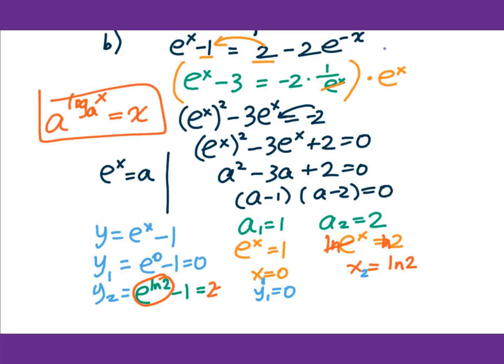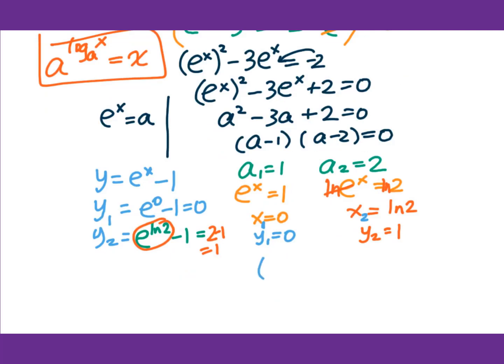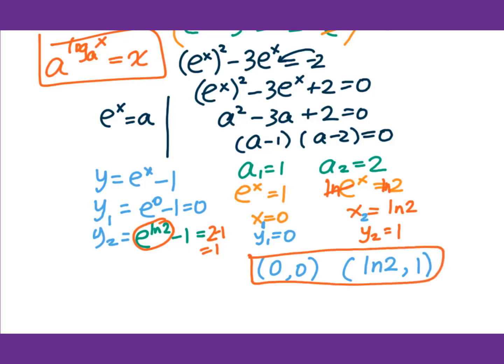Therefore, you get 2 minus 1 equals 1. So y2 equals 1. So we have coordinates (0, 0) and (natural log of 2, 1). This will be the intersection.